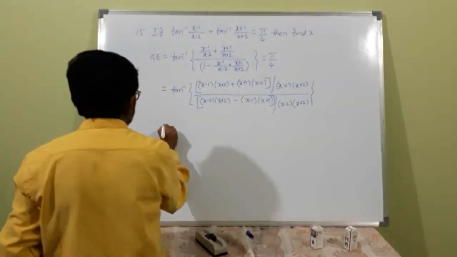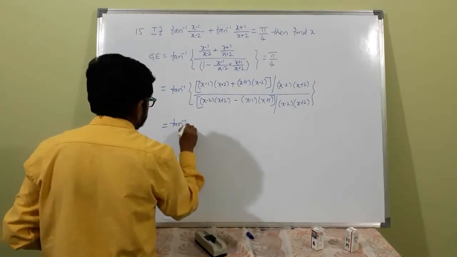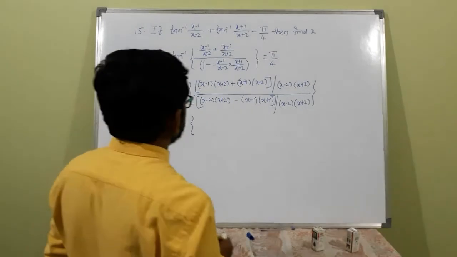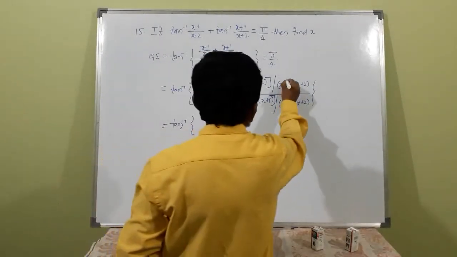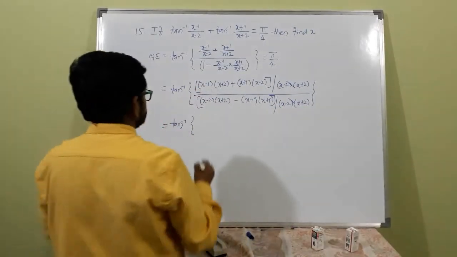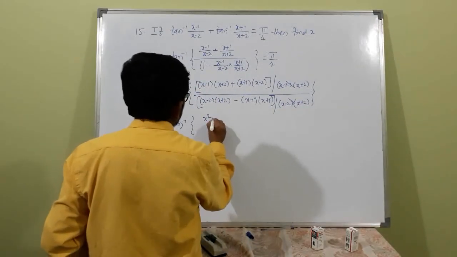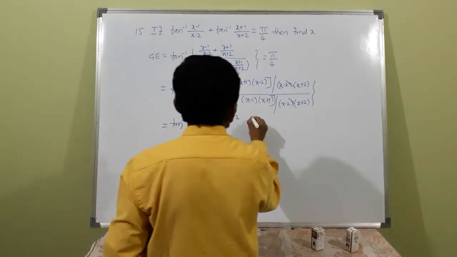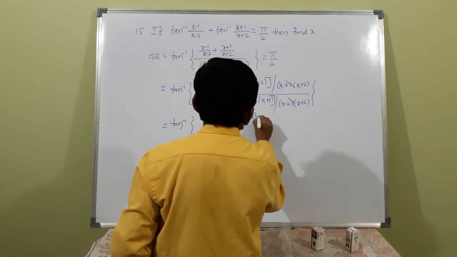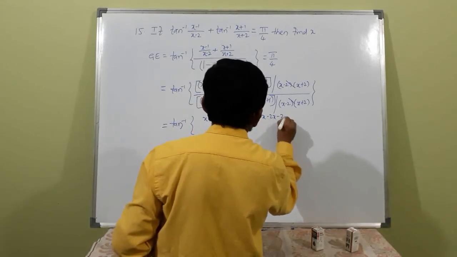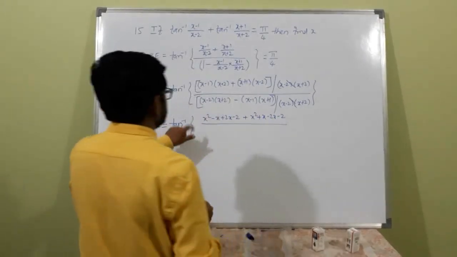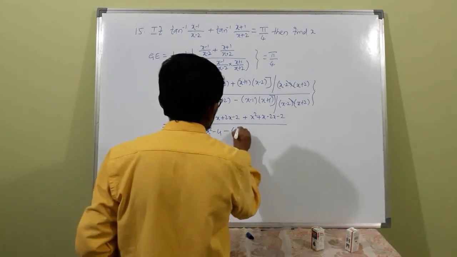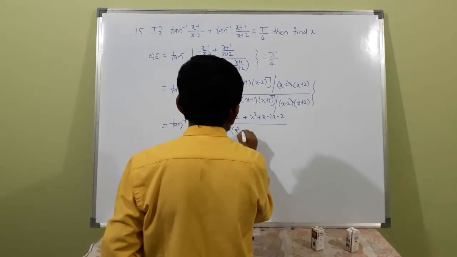Okay, that is tan inverse of, these two get cancelled. Only thing is you have to simplify here. x squared minus x plus 2x minus 2, here plus x squared plus x minus 2x minus 2, divided by x squared minus 4 minus x squared minus 1.